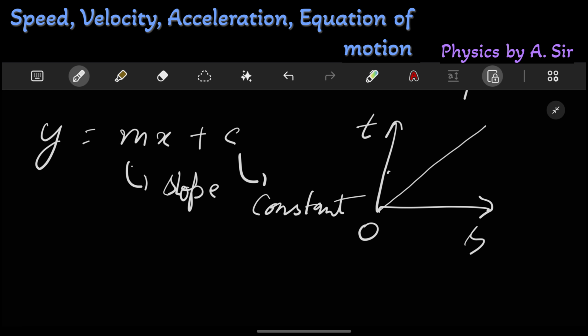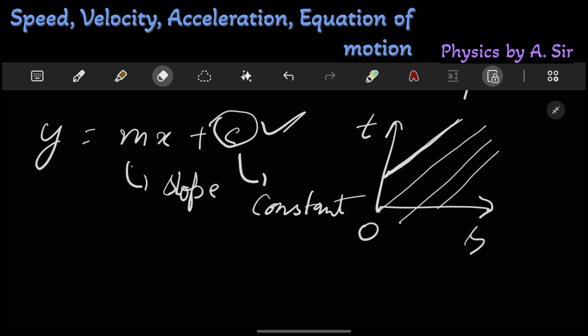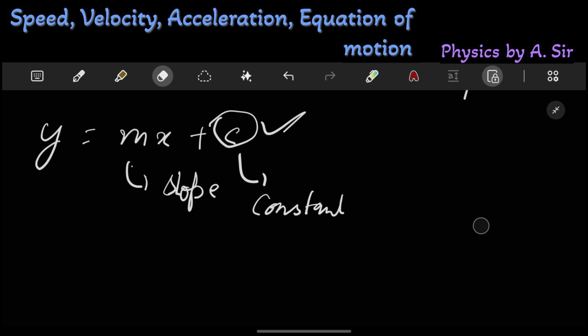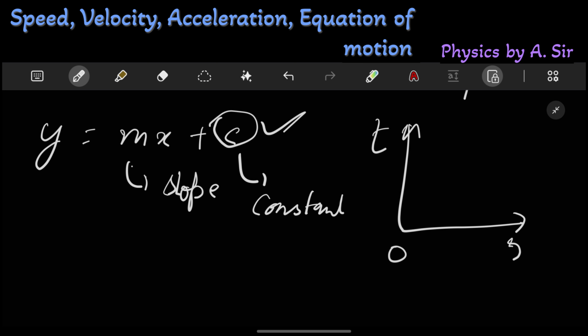If the line goes elsewhere, the value of c will change. That is basically the difference between these cases. So we only have to consider the formula in its simplest form, which is this one.